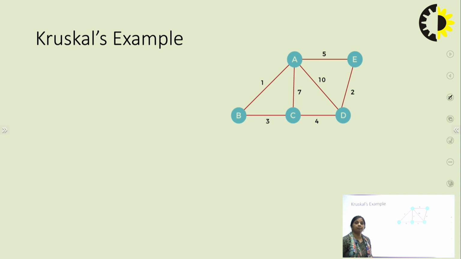So the same example I have considered. How many vertices are there? A, B, C, D, E, 5 vertices. So what is the first point? My tree is empty initially. And what is the other point? I am having 5 vertices. So to avoid cycles, I'll keep all the vertices in disjoint sets.